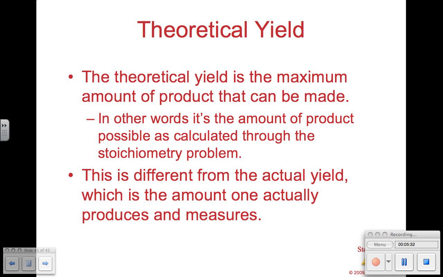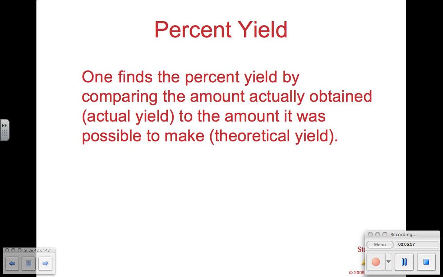And so what we often do is calculate percentage yield by taking those two values. The theoretical yield is calculated through doing stoichiometry, knowing what your starting materials were, and then predicting what the product should be. And then your actual yield would be the mass of your product at the end of the reaction that you achieved doing the laboratory work.